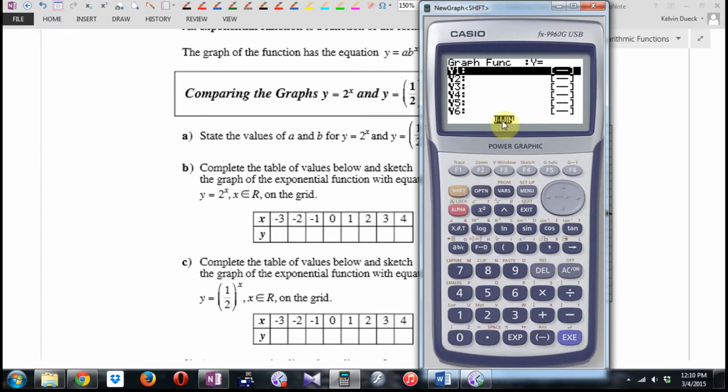And when you do that, the only option is view window. You can zoom into any area that you want to, but if you press standard, which is STD, F3, it'll automatically fill in an X-min of -10, an X-max of 10, a Y-min of -10, a Y-max of 10. That's fancy lingo for saying we're going to go -10 down, -10 up, -10 left, -10 right.